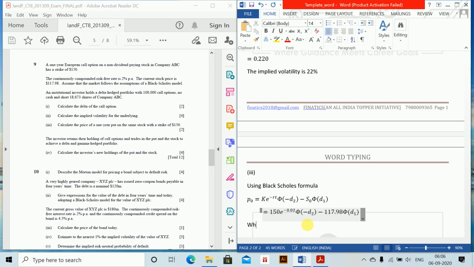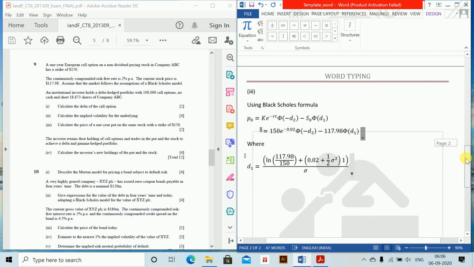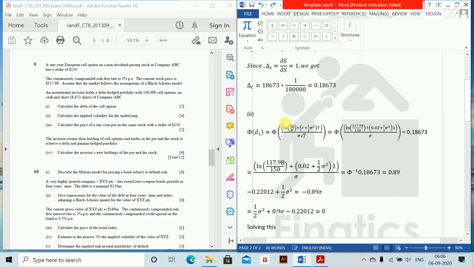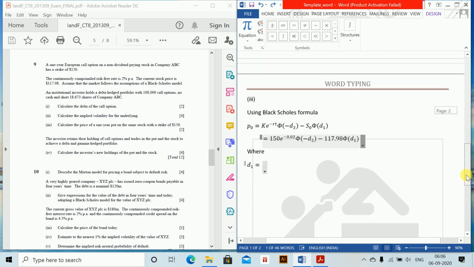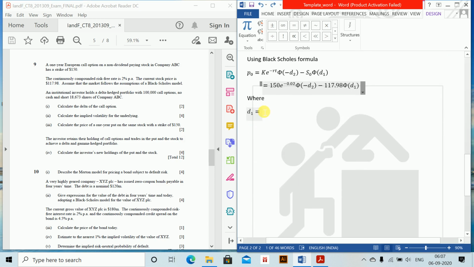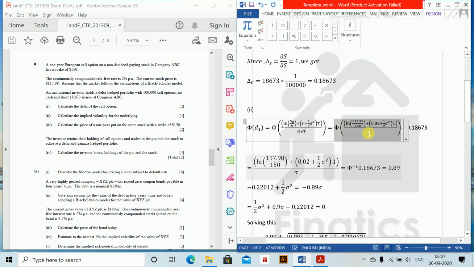Okay, where D1 is equal to ln of S naught by K plus R plus half sigma square, with only the volatility now known.